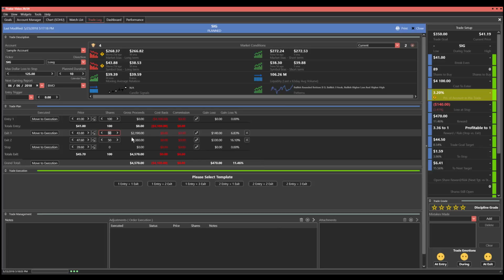So we could play with those numbers, but it's marginal. It gives us 2 to 1 at the first target, which is what I'm looking for. It does make us 470, which beats the goal, assuming we make that second target. So that's what we'll stick with.